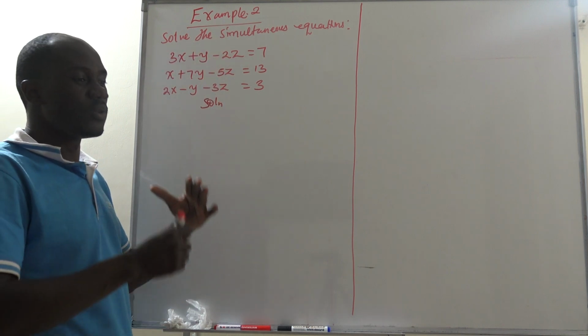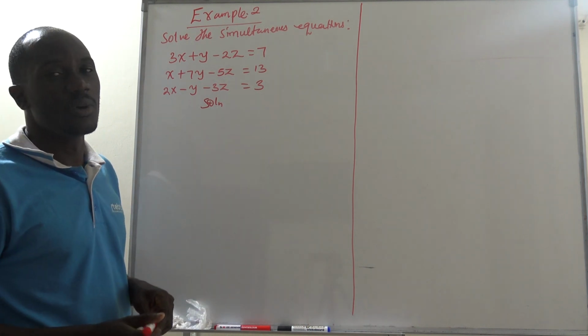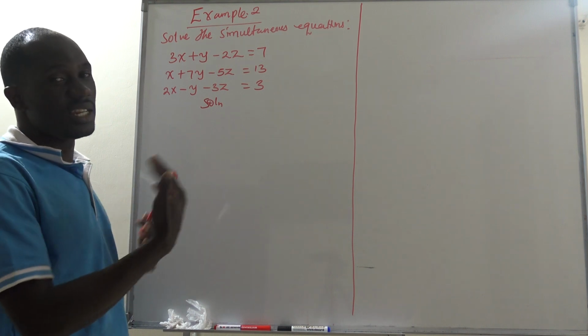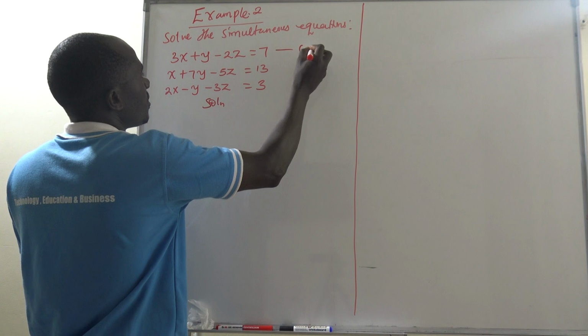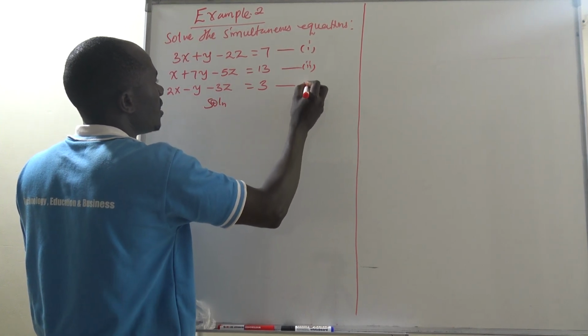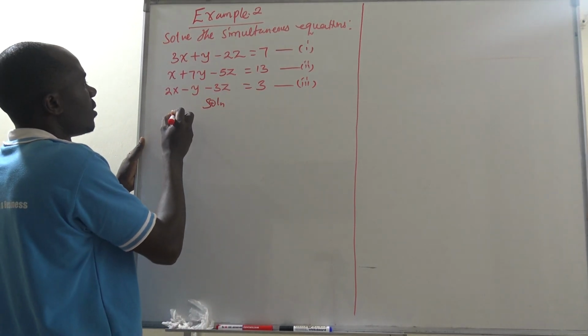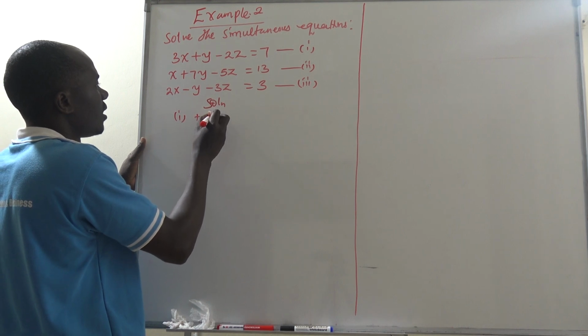I said before you proceed, first look for those equations which have a common variable, which can easily be eliminated. So this is the first equation, this is the second, this one is the third. What if I say equation 1 plus equation 3?